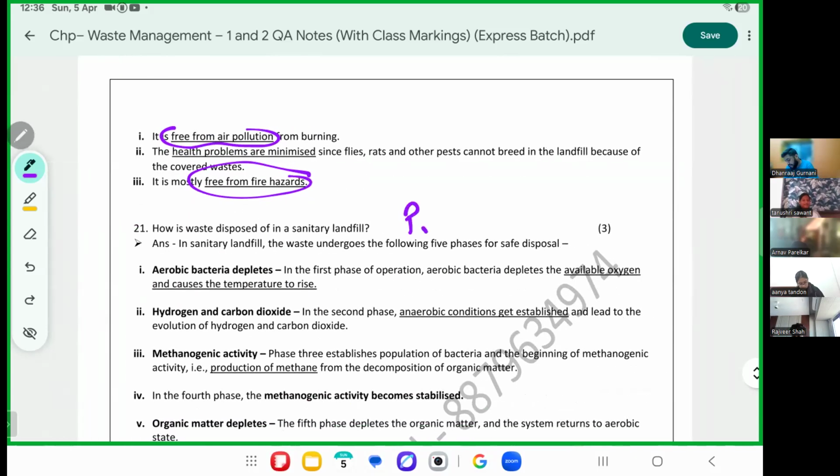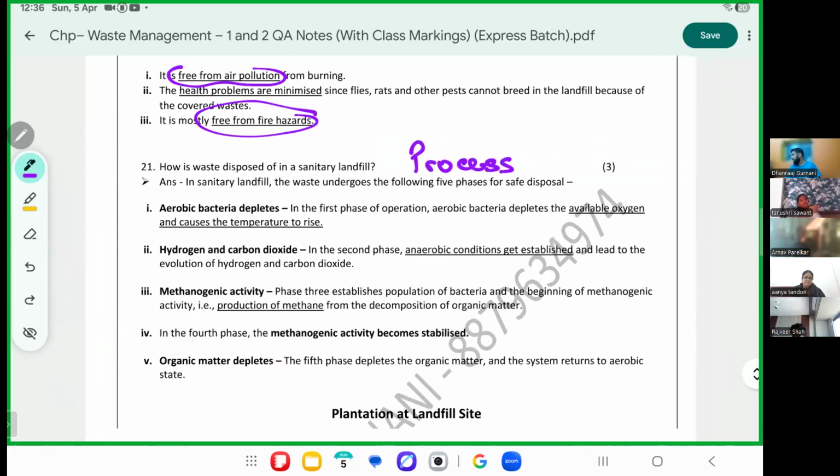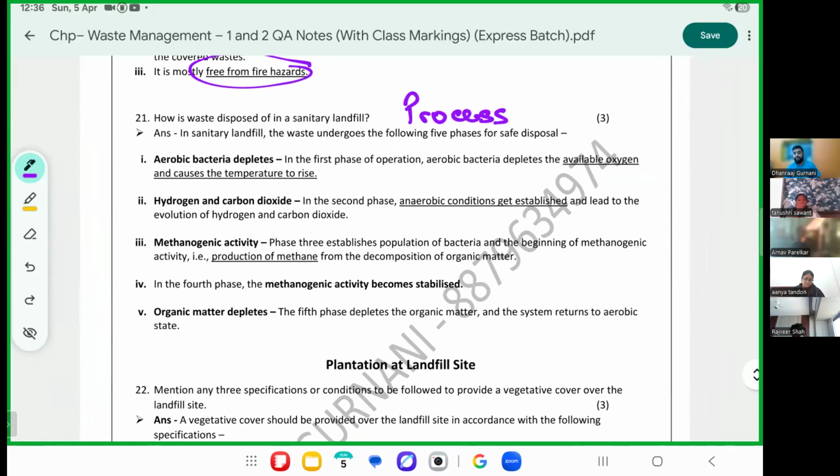This is one of the two processes in this chapter. Please give the heading process. Don't change the order of the points. I have divided it into 5 points.